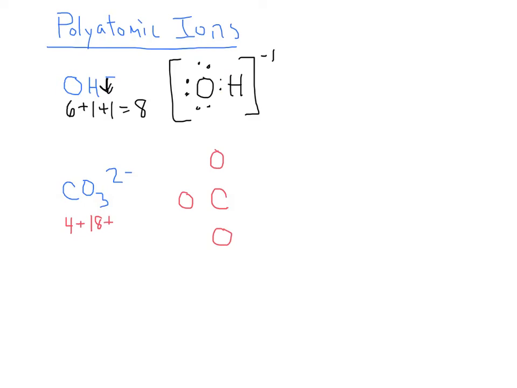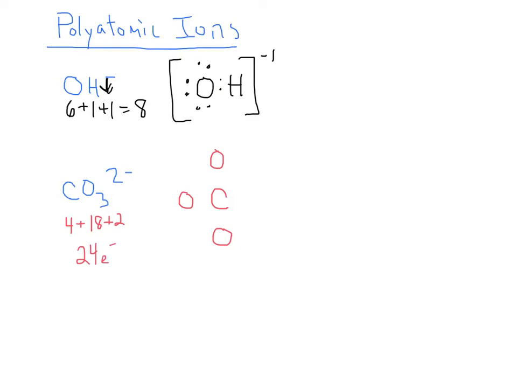And then I'm going to add 2 more because we have that -2 charge overall. So that tells us there's 2 extra electrons above and beyond what the carbon and the oxygens had. So that adds up to a grand total of 24 electrons that we're going to place in our structure.